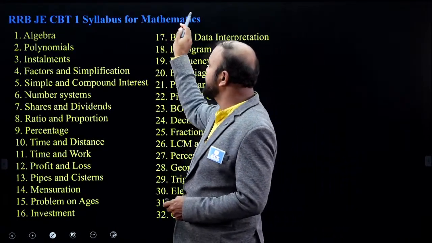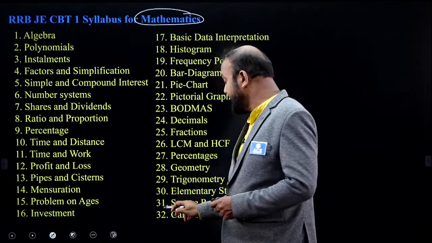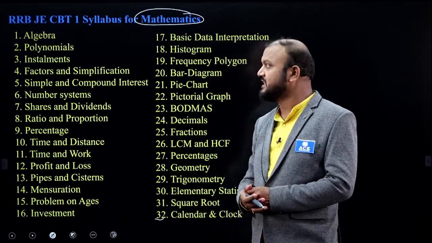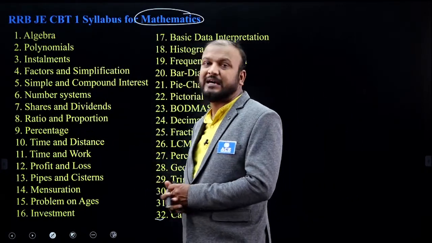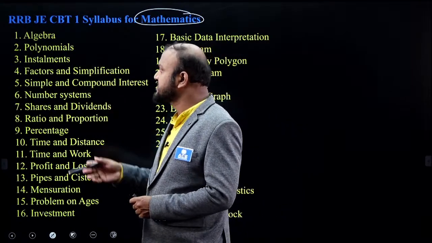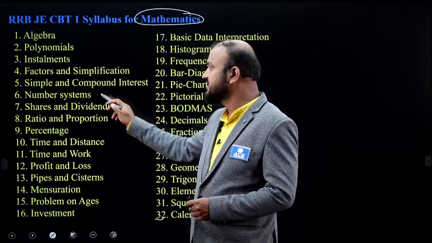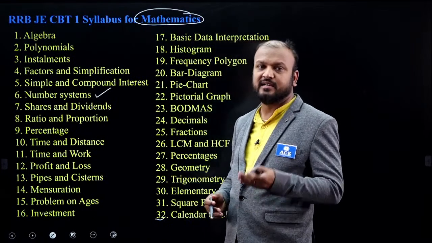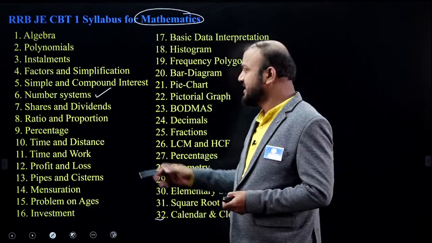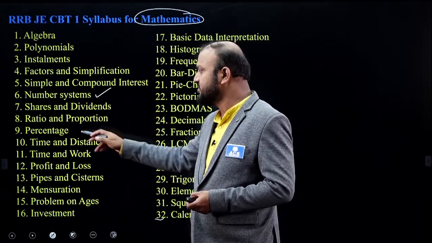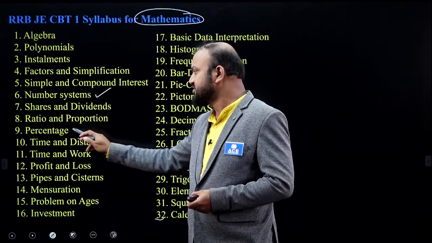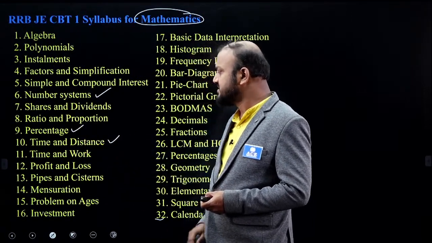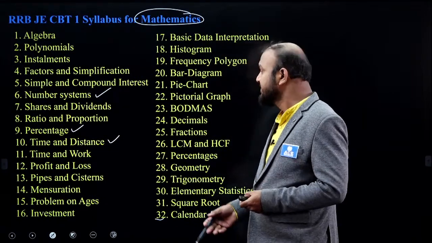Coming to mathematics, there are 32 topics given under mathematics, like algebra, polynomials, instalments, factors, simplifications, number systems like octal, decimal, hexadecimal, shares and dividends, ratio, proportions, percentages, time and distance, time and work, profit and loss.